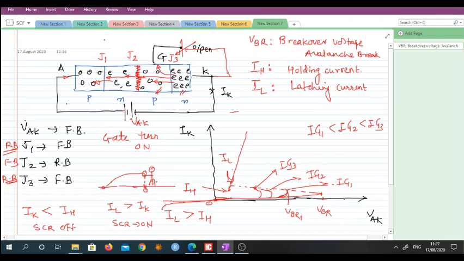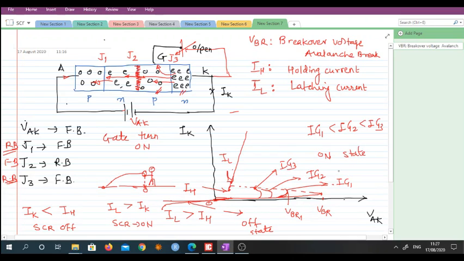Only minority carrier current flows, and therefore the device is in the off state. So this region of the characteristics is called the off state of the device. This region is called the on state of the device.